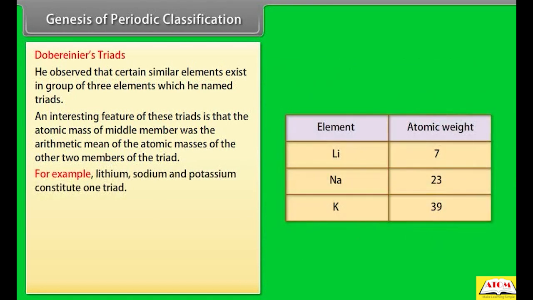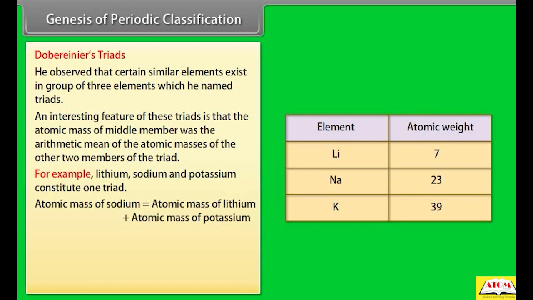For example, lithium, sodium and potassium constitute one triad. Atomic mass of sodium is equal to the atomic mass of lithium plus the atomic mass of potassium divided by 2, which is equal to (7 + 39)/2 = 23.